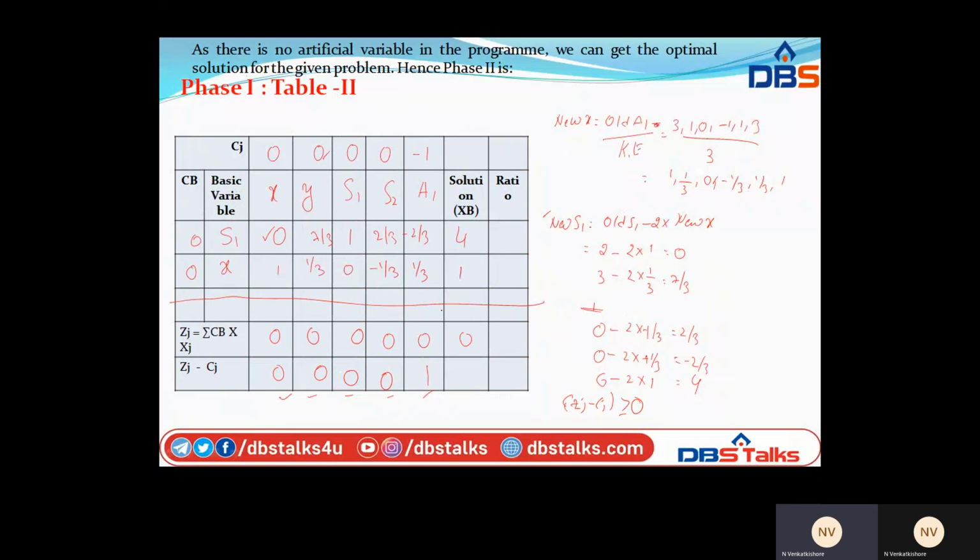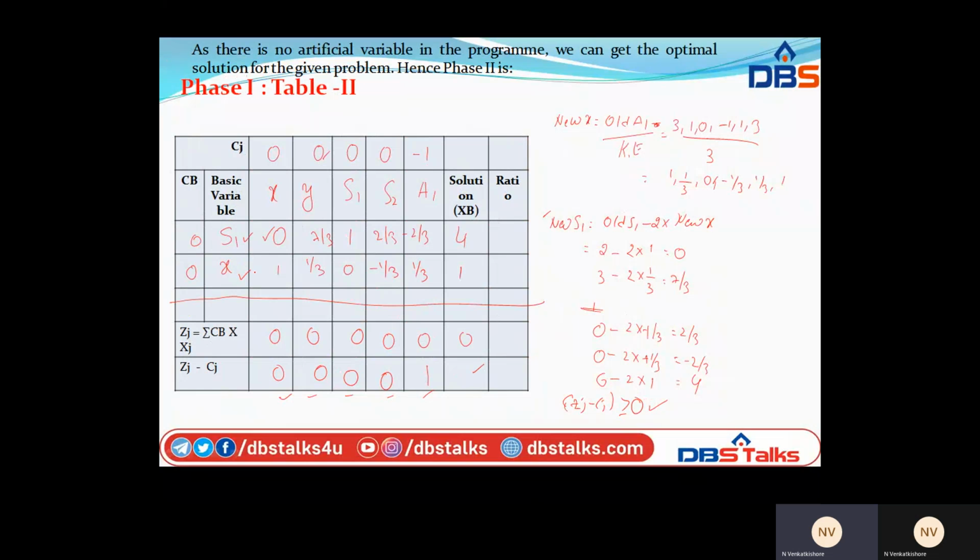For all the values, greater than or equal to 0 was achieved, so the solution is optimal. But even though we have Zj minus Cj greater than or equal to 0, at the same time we need to see whether the table has artificial variables or not.